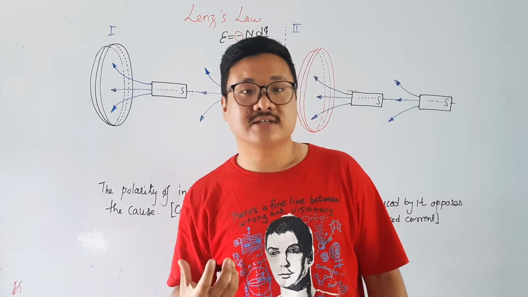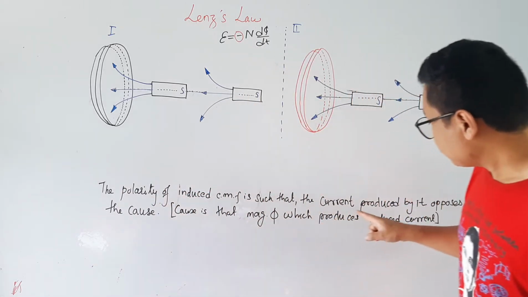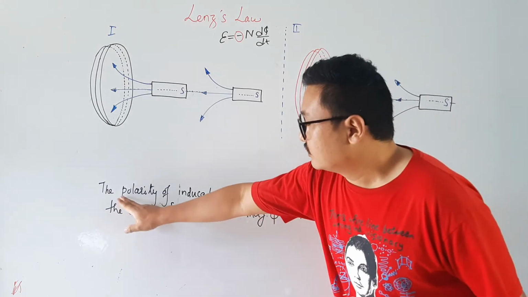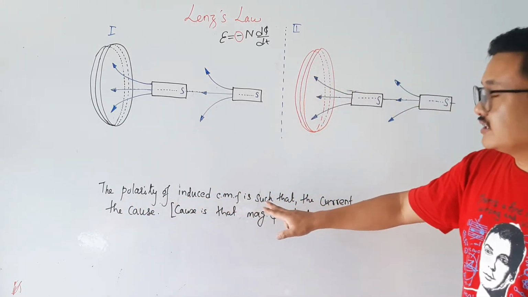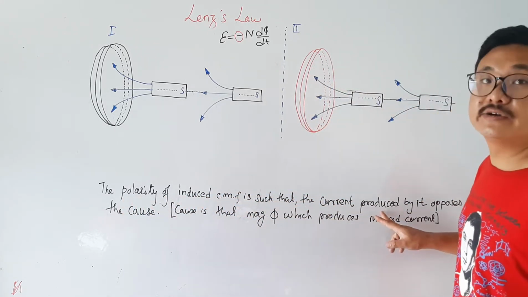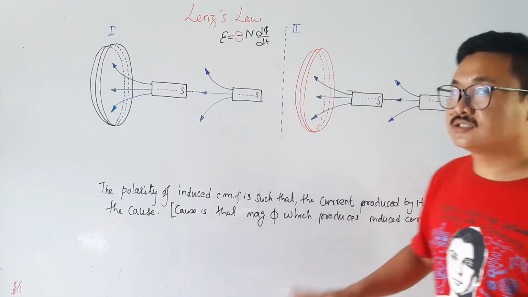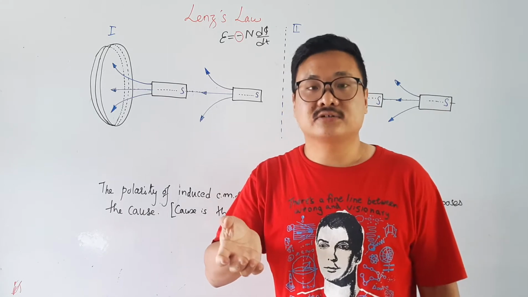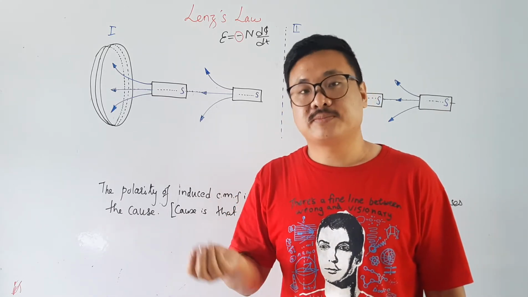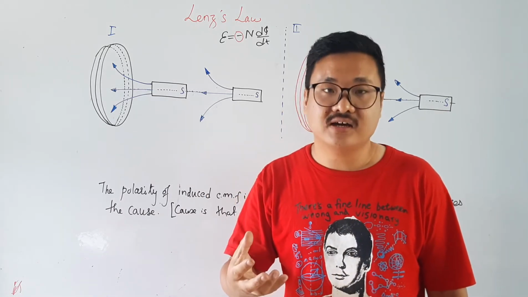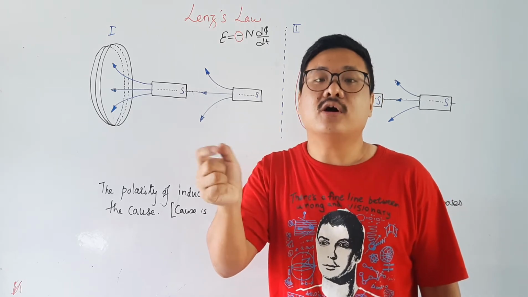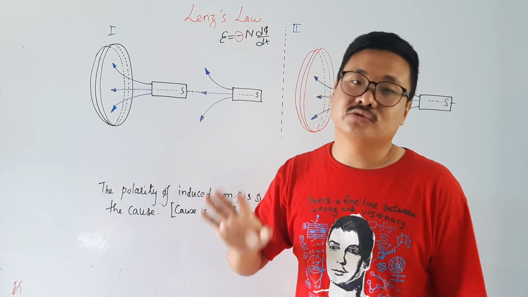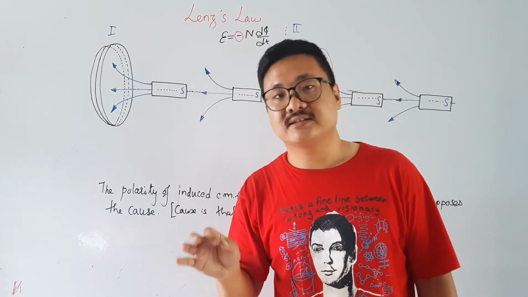Lenz's law says that the current produced by it opposes the cause, which is the changing magnetic flux. So don't get confused, we will study this in detail.